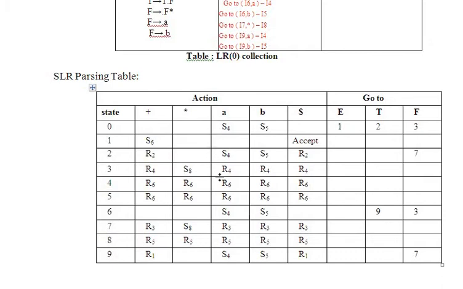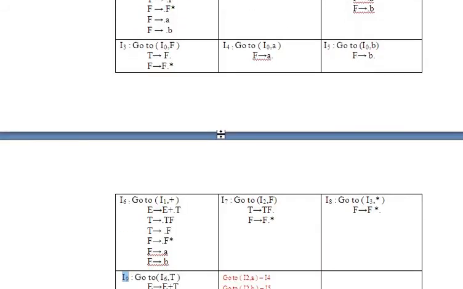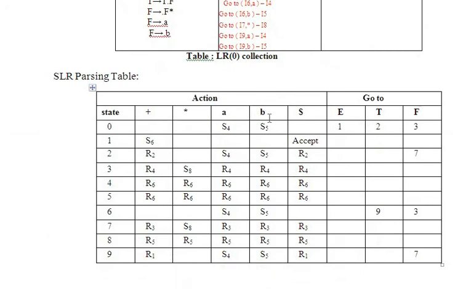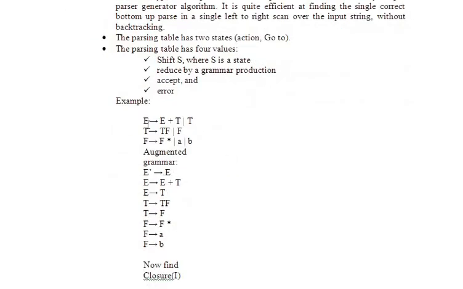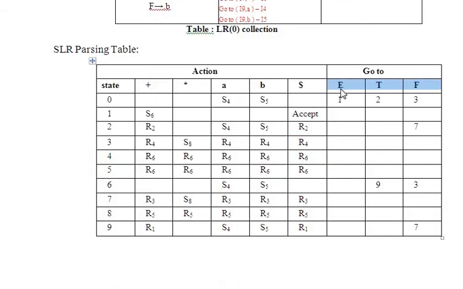In action, you use all the terminals of the given grammar: plus, star, A, B, and at the end add the $ sign. In goto, you use all the non-terminals of the given grammar: E, T and F.